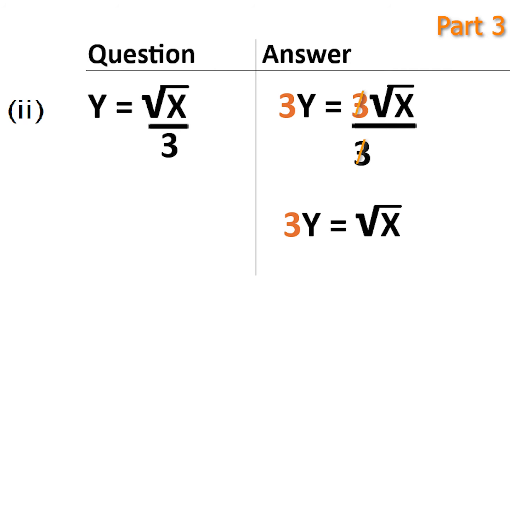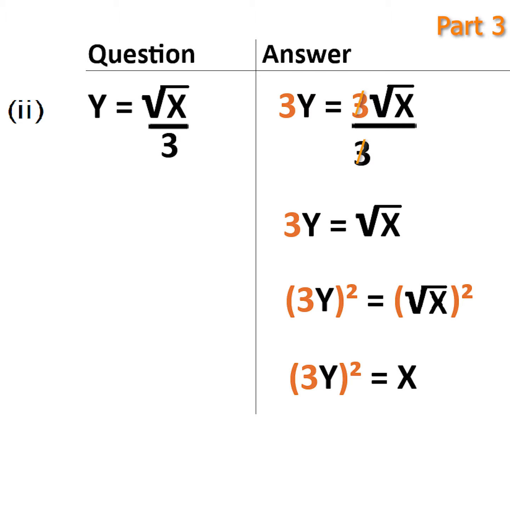To finish off, we need to remove the square root of x. To do this, we square both sides of the equation, since squaring is the inverse operation of square root, leaving us with y multiplied by 3, then squared equals x, or x equals y multiplied by 3, then squared.